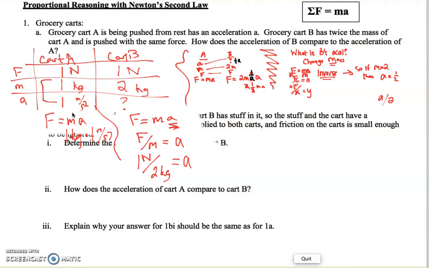And so 1 divided by 2 is an acceleration of 0.5 meters per second squared. And so that would say, aha, the acceleration is half of what it was originally.